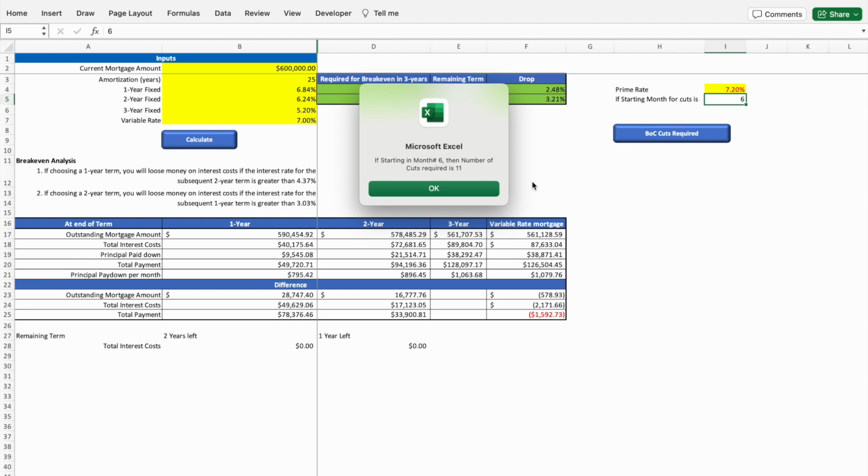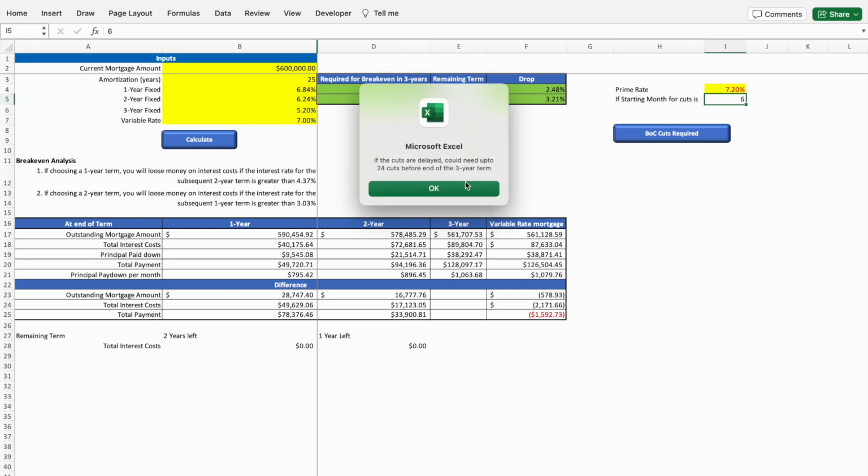So starting in month 6, we would need to see cuts every month for the 11 subsequent months, or an interest rate drop of 2.75 percent over that 11 month period, in order for that choice to be successful.